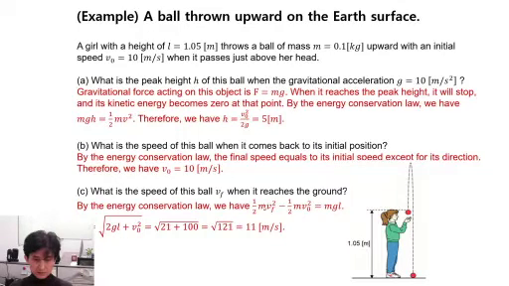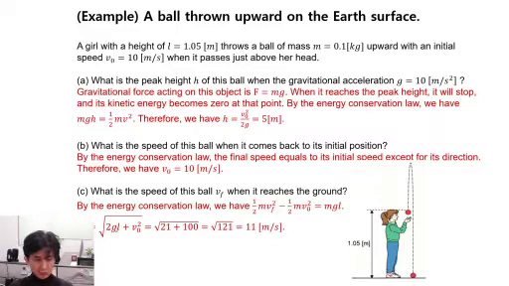If I cancel the m on left side and right side, we have 1 over 2 Vf square minus 1 over 2 V0 square is equal to G times L. So if I summarize this, we have Vf equals the square root of 2GL plus V0 square.